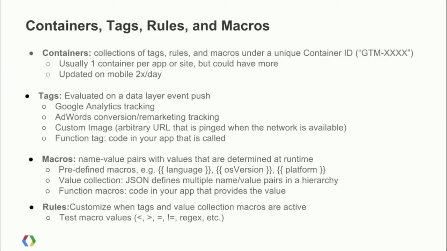Unlike on the web, tags in applications can't be executed synchronously. That is, we can't necessarily do the HTTP GET immediately. The reason for that is your application may be running without any network connectivity. So in all three of these first cases where we're dealing with URLs, the URL doesn't actually get retrieved until we have network access.